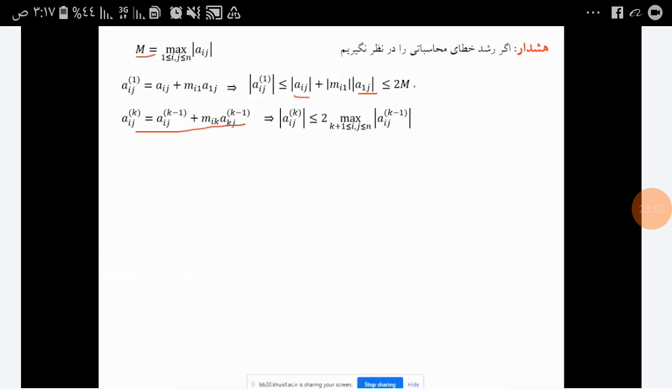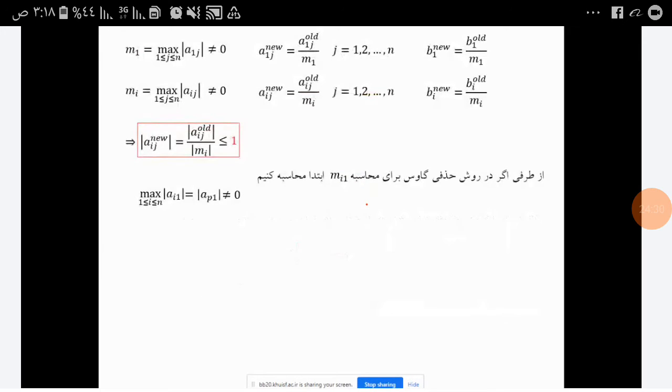If it is used by induction, we can prove Aij in step K is less than or equal to 2 to the power K times M. If you see the previous example, you can see we couldn't find any help in scaling.